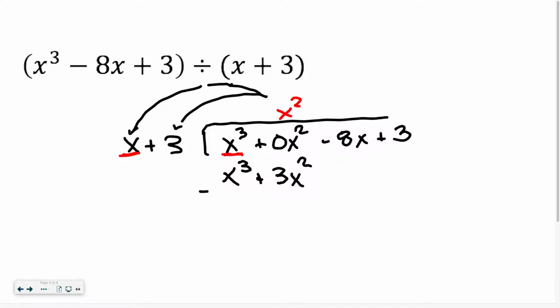And what are you really doing? Subtracting both of those. So they both turn into negatives. This first term should always cancel. That's part of the division process with polynomials. This is going to go away, and then I have negative 3x squared. Can you double check that you have a negative, not a positive?